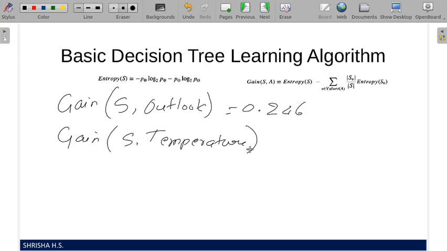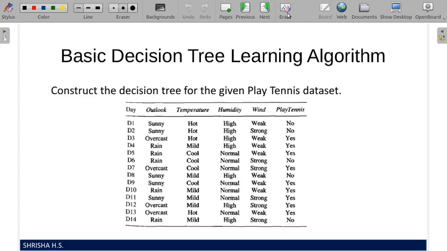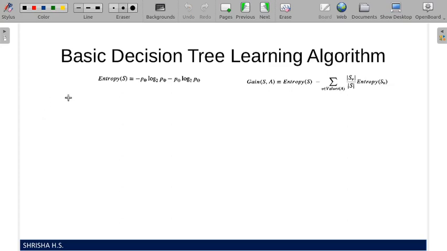Okay, in a similar way, if you go on calculating, now consider temperature. So how do we do temperature? See the temperature, how many values are there? Hot, mild and cool are there.